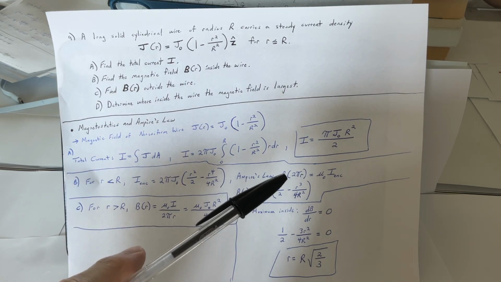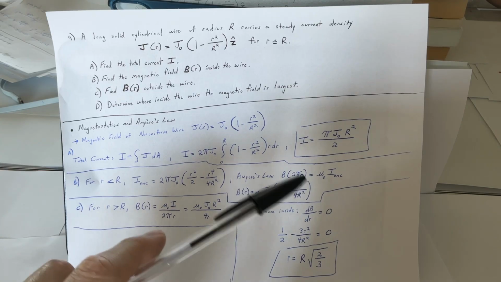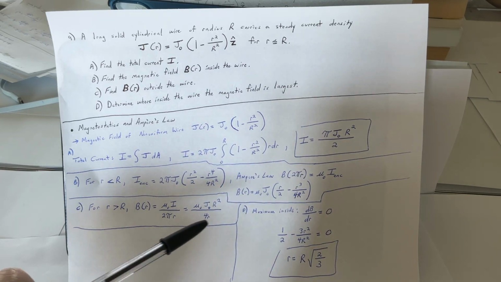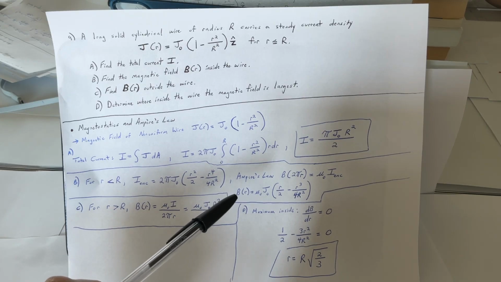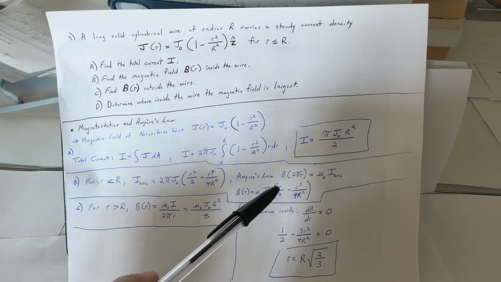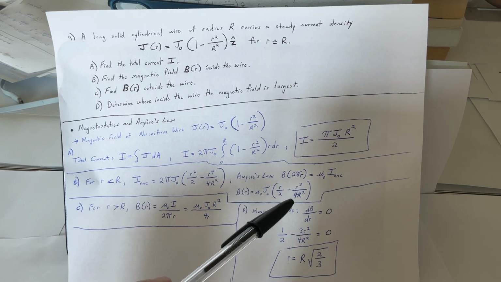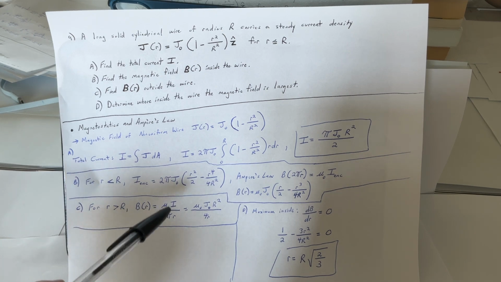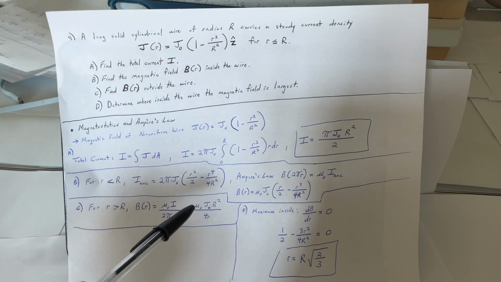By Ampere's law, B of 2 pi r equals mu naught I enclosed. Here, B of r equals mu naught J naught times the quantity r over 2 minus r cubed over 4 R squared. For r less than capital R, B of r equals mu naught I over 2 pi r equals mu naught J naught r squared over 4R.